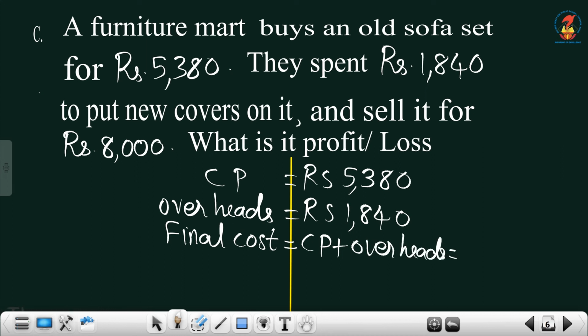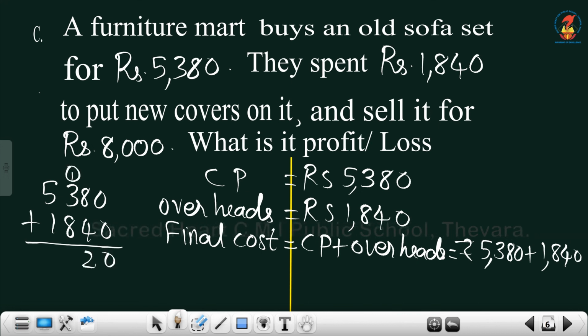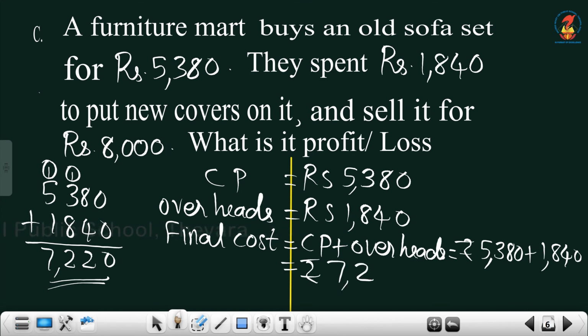How much? Rupees 5380 plus 1840. How much will we get? Rupees 7220. Okay.